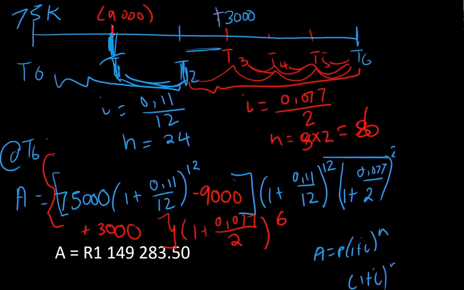Okay, so if you do that, put all of this into the calculator, and then round off right at the end, you will see that this 75,000 Rand, given all these changes, withdrawal of 9,000 Rand at year 1, interest rate change at time 2, and then an additional 3,000 Rand at time 3, and then moving it across using that interest rate change of semi-annually all the way till the end of time 6, if you put all of that into your calculator, you will end up with a final answer of 1,149,283 Rand and 50 cents.